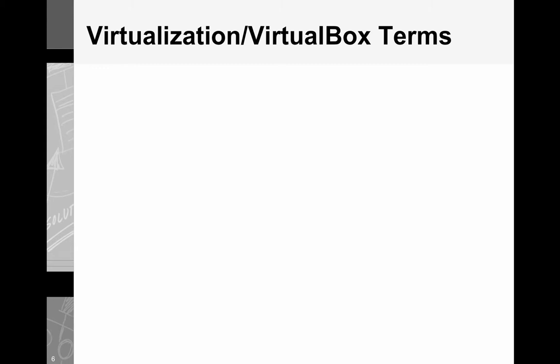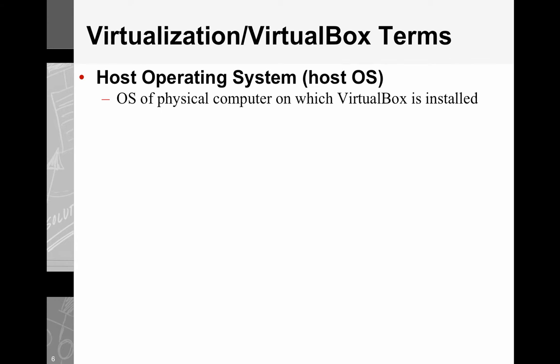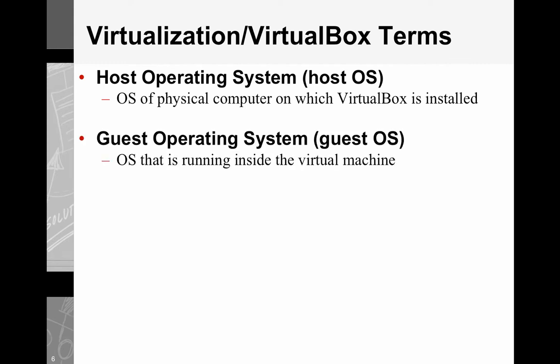There are some key virtualization and VirtualBox terms that we should be aware of. Host operating system is the operating system of your physical computer. Your PC or your laptop or whatever your physical server is has some kind of operating system installed on it, and that's what we call the host operating system. Guest operating system is the operating system that is going to be running inside the virtual machine on top of your existing operating system.